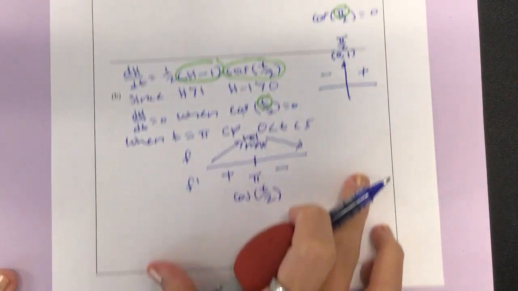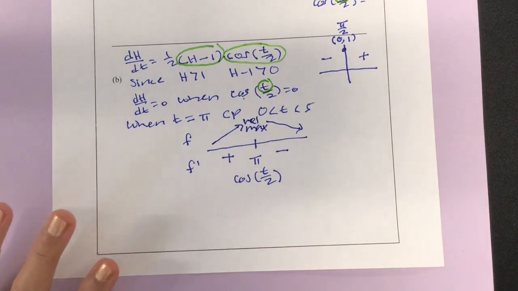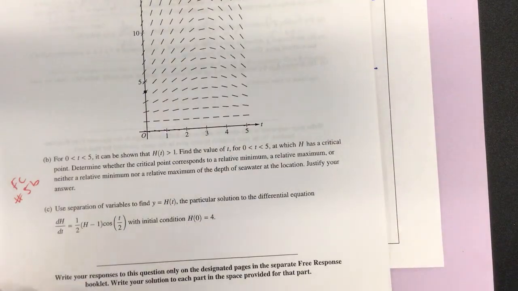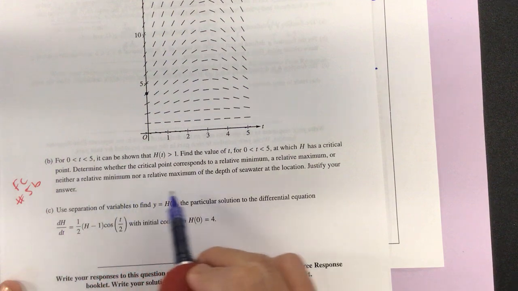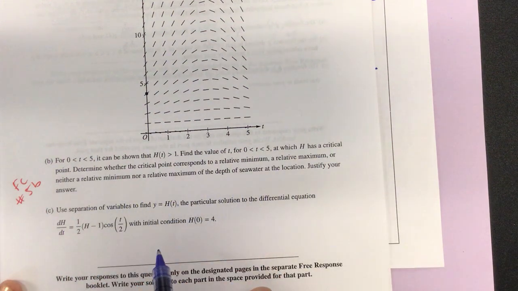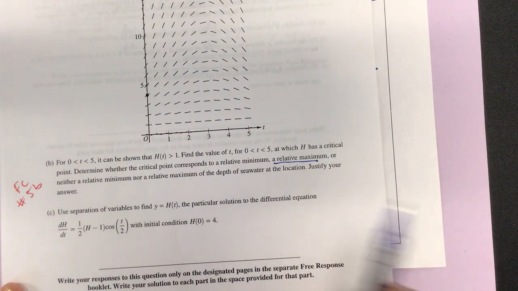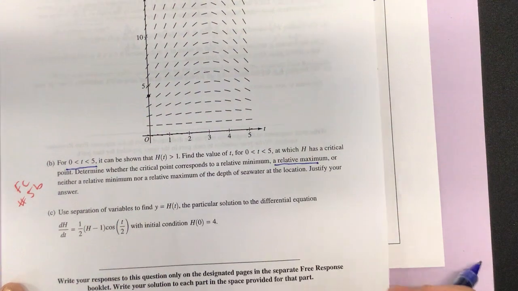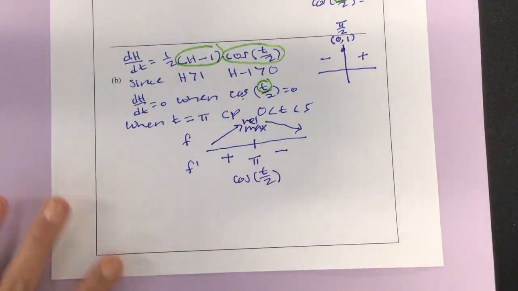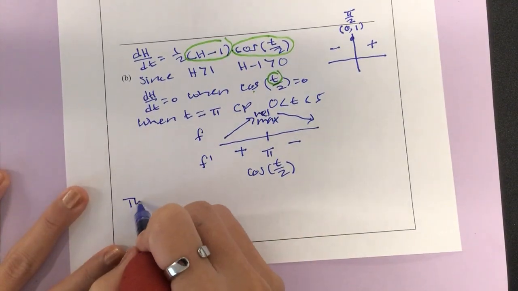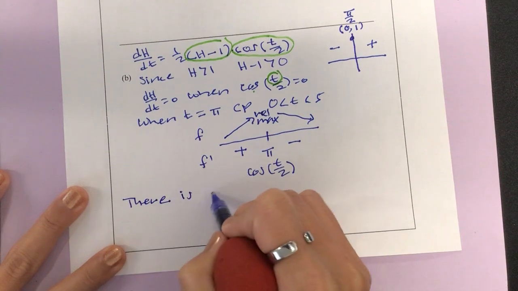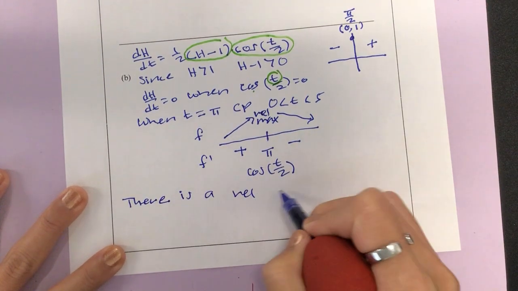So then our phrasing is going to be, let's copy the phrasing that they have. We'll say there is a relative maximum on the interval. We should be very specific on this one. It's quite wordy, so I would have to summarize it. Let's write there is a relative maximum at where?